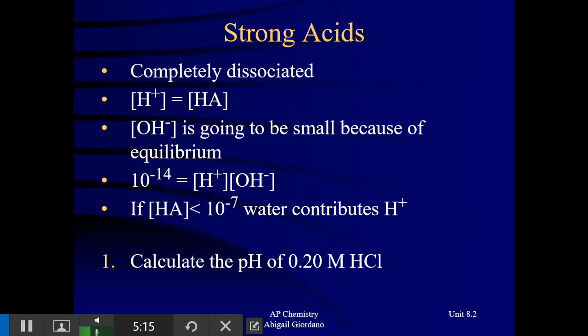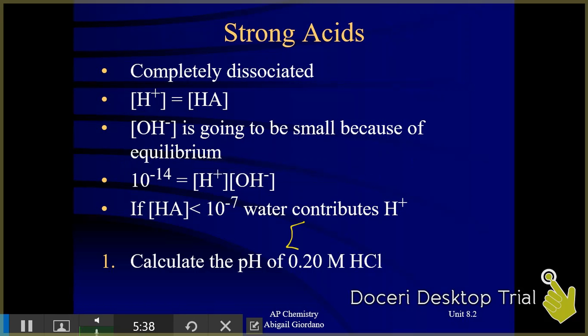Let's look at a very quick little calculation here. It says calculate the pH of a 0.2 molar solution of HCl. Immediately I recognize, okay, HCl, that is one of my 6 strong acids. Because that is the case, I can assume that the H+ concentration is also 0.20 molar, again because of that complete dissociation.